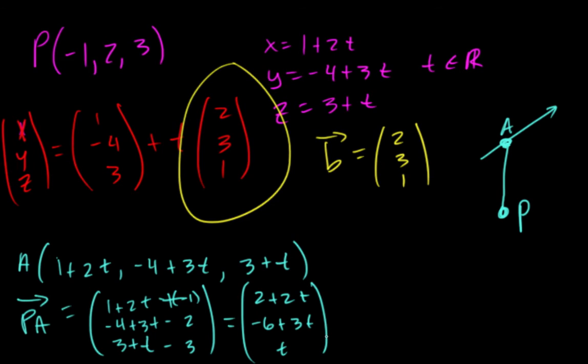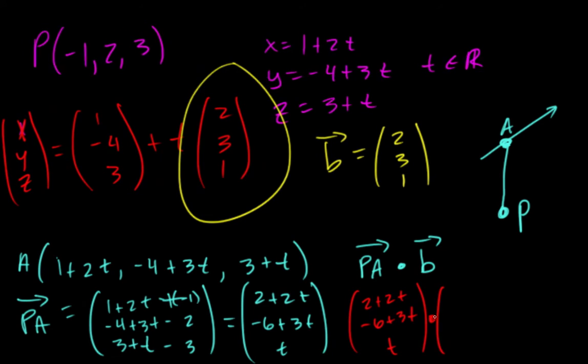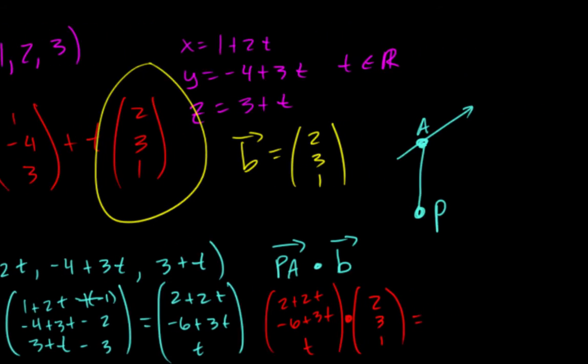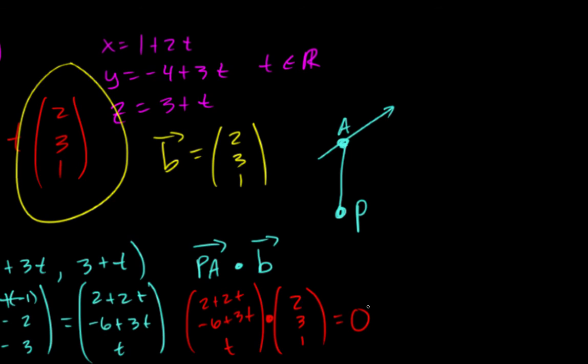Okay, and then we want those to be perpendicular, so we're saying PA dot B, and so we plug that in. B is right here. We want that to be 0.